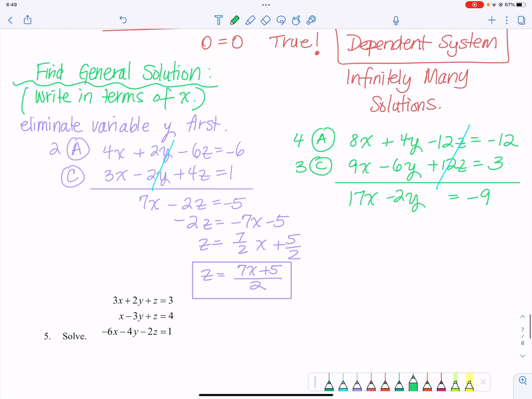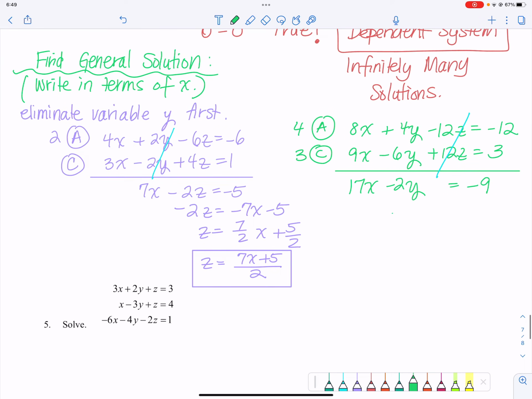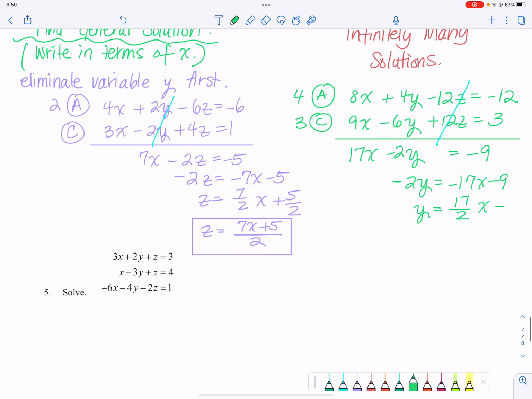And so we're solving for y in terms of x. And we could just divide, 17 halves x plus 9 halves. And now we could write 17x plus 9 all over 2.